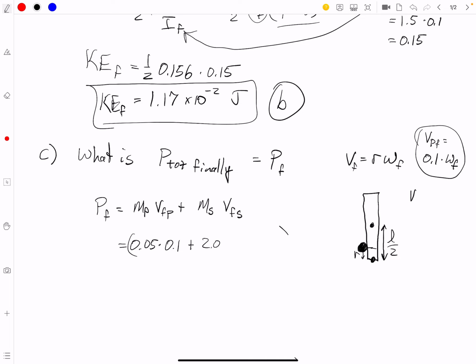V final for the stick is L over 2. L over 2 is 0.6 meters, and then we're going to multiply that by omega F. So 2 times 0.6 meters times omega F. So omega F gets distributed through, right? It's going to be multiplied by this term and this term, both.